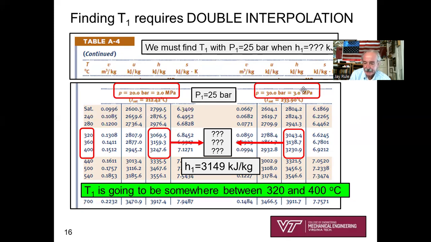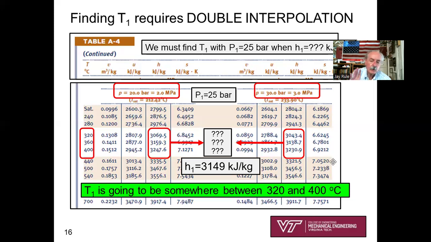I've got to interpolate between these two pressures to get numbers that correspond to 3149. If I look over here, here's a range. 3149 is somewhere in there, and 3149 is somewhere in there. So I've got to generate some numbers here that correspond to 320, 360, and 400.